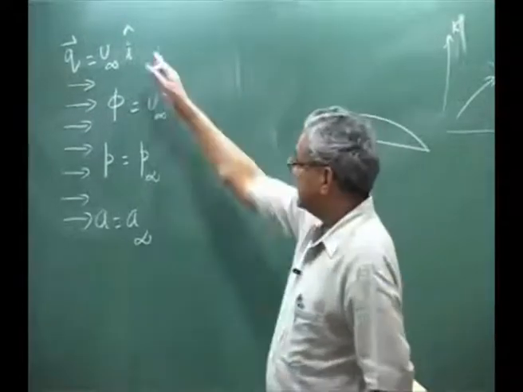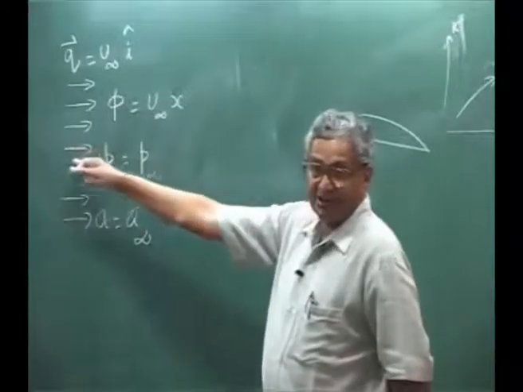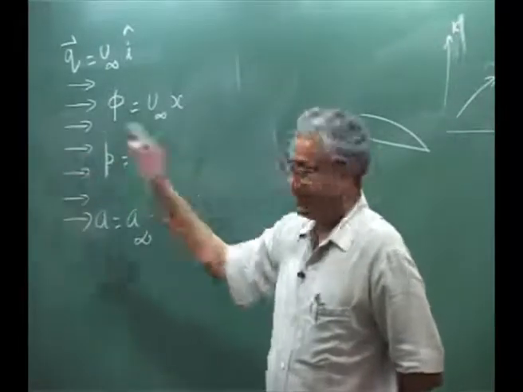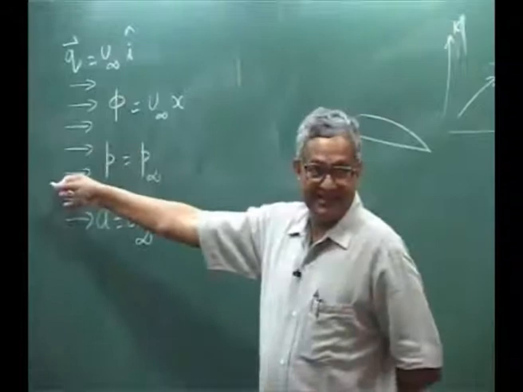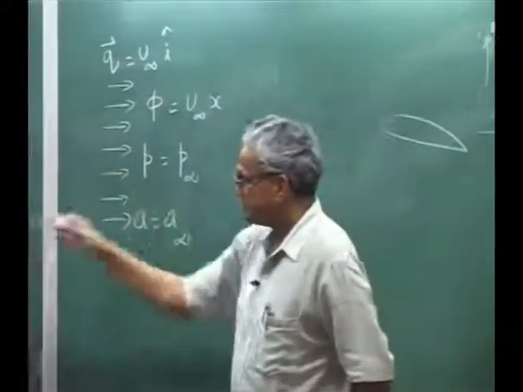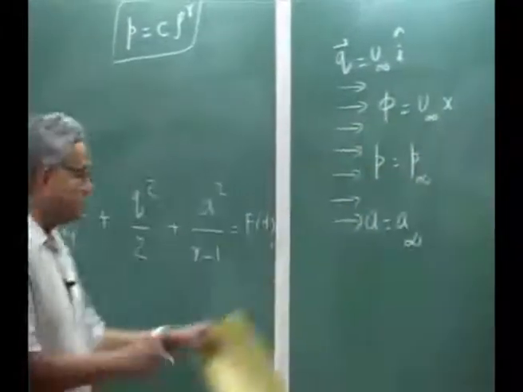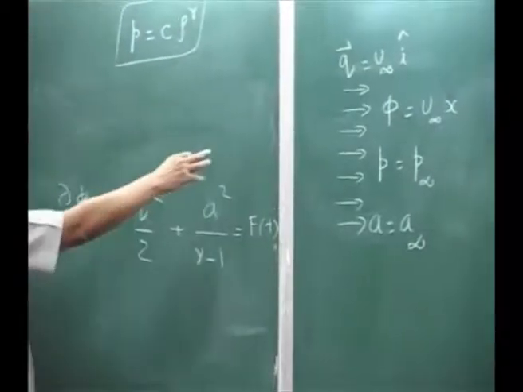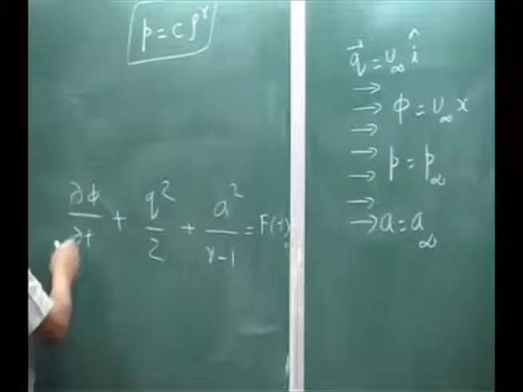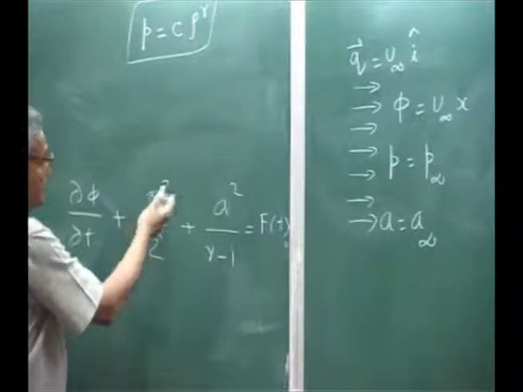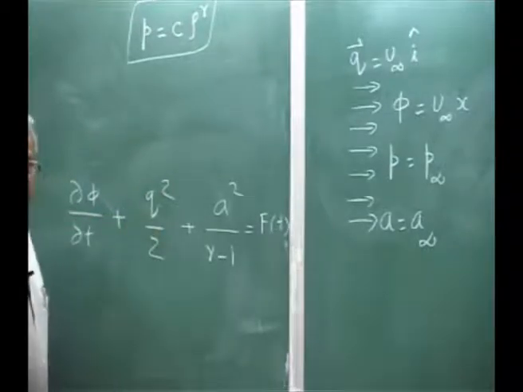Now this is at a location far away in the negative infinity. I substitute that condition because phi here is independent of time, because phi is only u infinity x. So this term goes off. Q becomes u infinity.